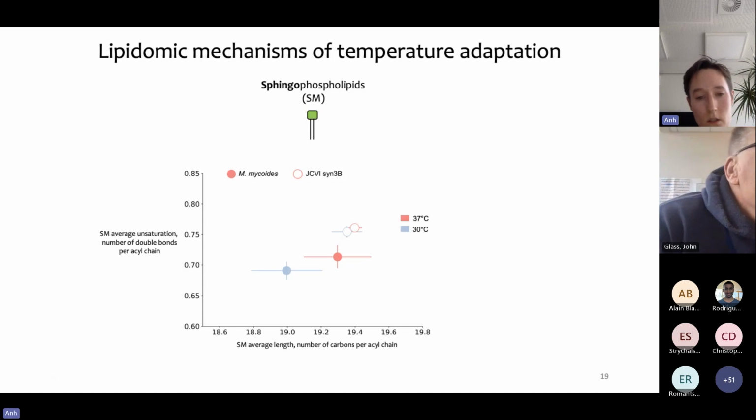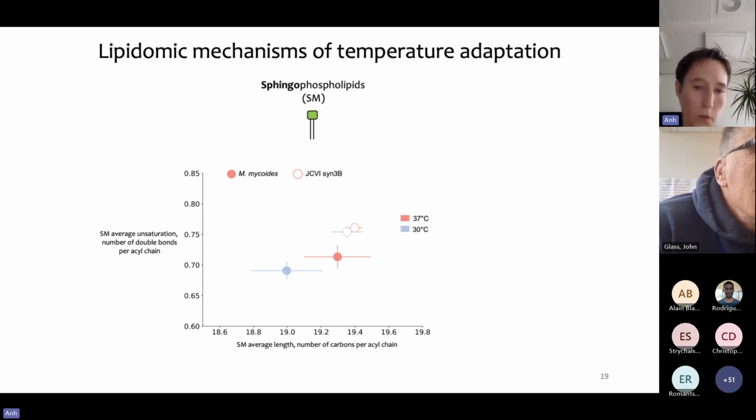And what this result suggests is that it might be one of those specific lipidomic mechanisms that are somehow missing or modified in the minimal cell that ultimately lead to worse homeoviscous adaptation at lower temperatures.